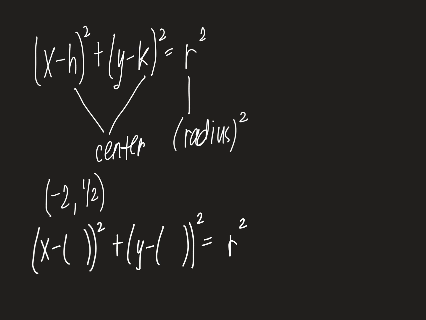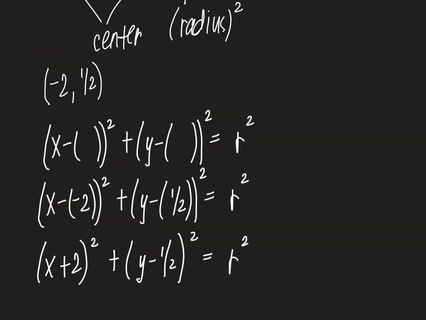Write the formula down, but since we're replacing h and k, put parentheses where the h and k are. And what we'll do is we'll copy paste the -2 and the 1/2 into those positions. And when I do that copy paste procedure, this is what happens. I had the minus something, so I put the -2 right there. It turned to +2.